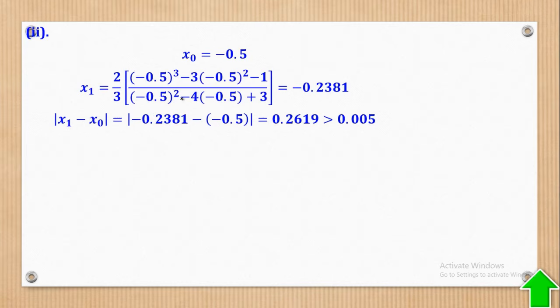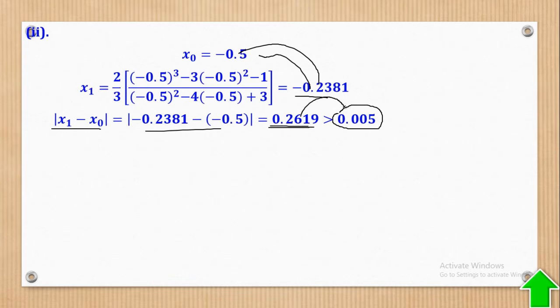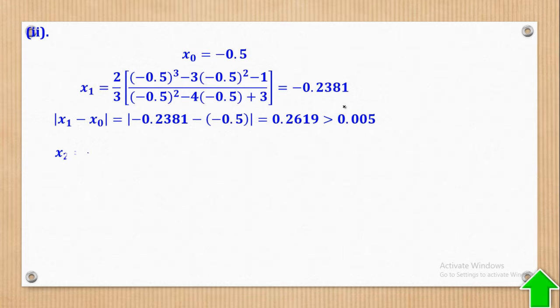So in this case, after getting x1, we are going to subtract the 2. This minus this, but it should be magnitude to ignore the negatives, like we said. So this minus this is this, so you'll come up with 0.2619, and when you compare it with the tolerance, which is 0.005, you realize that this value is still greater than the tolerance. So that means that you have to continue with the iteration. So you're going to go and get x2.